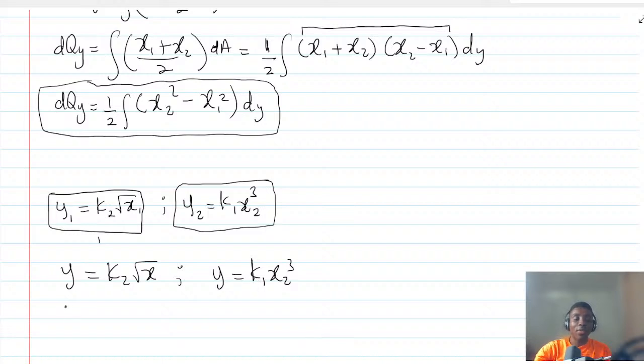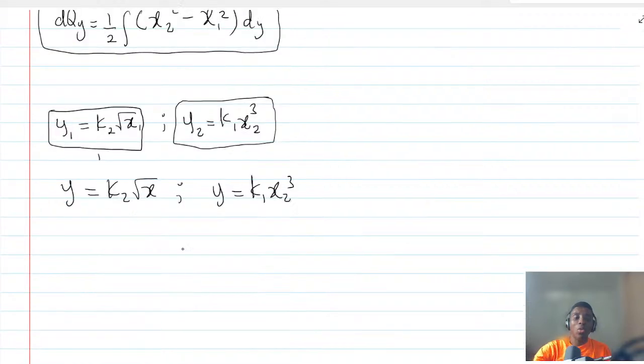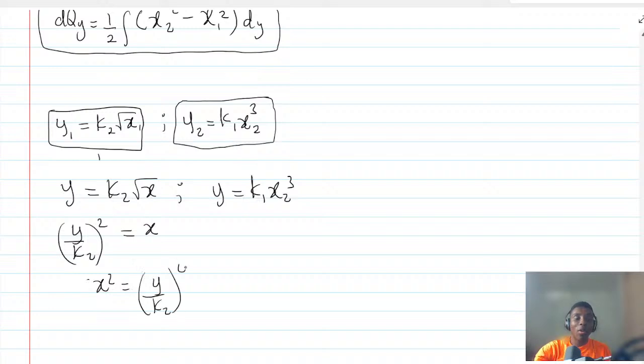Meaning that y over k2 squared will be what? x. But we want x squared. So it means that x squared will be y over k2 to the power 4, because we are interested in x squared.